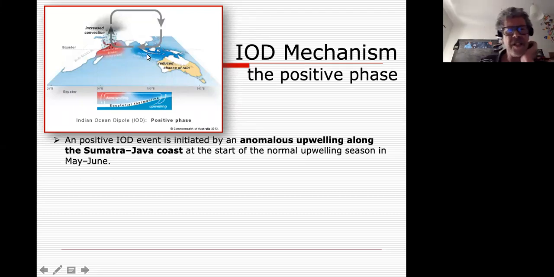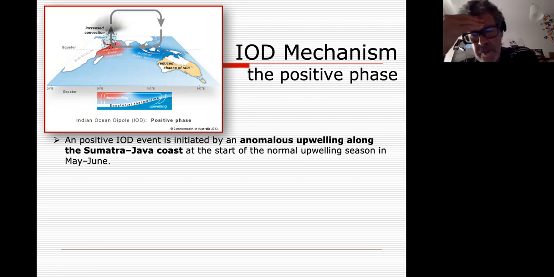This is the start of the whole process. Just as the El Nino event is an anomalous atmospheric perturbation in the western side of the equatorial Pacific, here we have an anomalous upwelling event along the Sumatra Java coast.